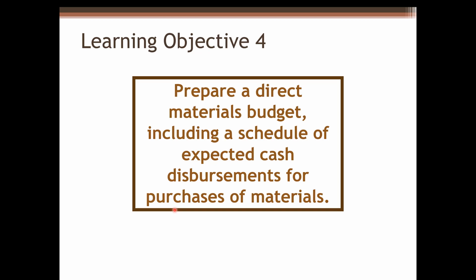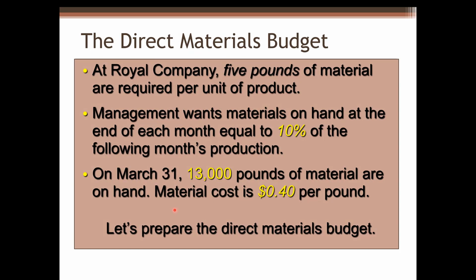Let's take a look at how to prepare a direct materials budget, including the schedule of expected cash disbursements for purchases of materials. At Royer Company, 5 pounds of material are required for each unit of a product.